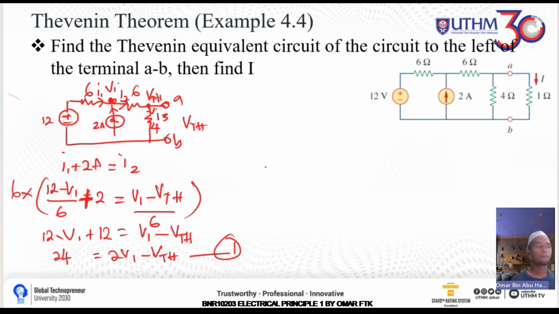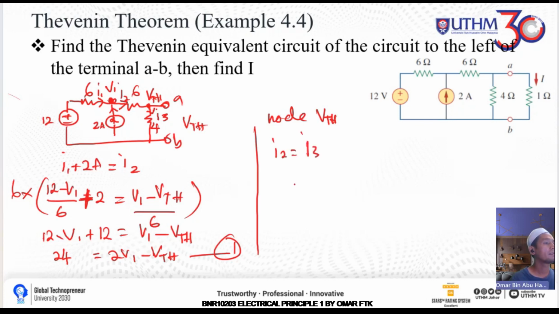Current in equals current out. So I2 equals I3.